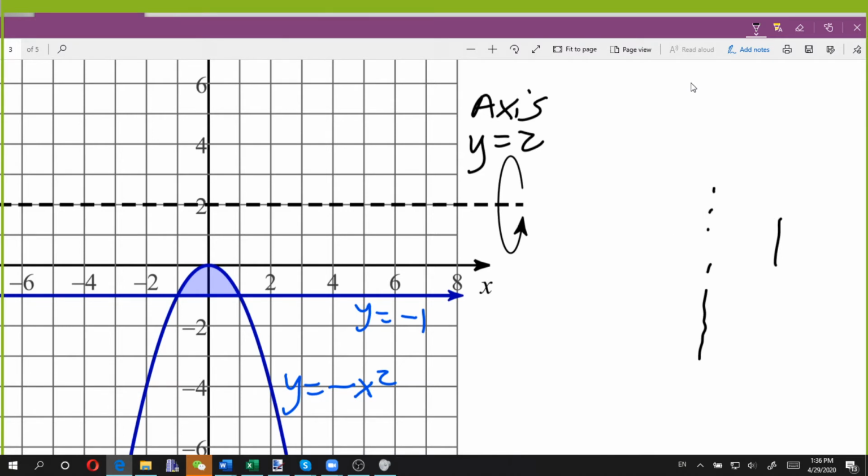If our axis is horizontal instead, like this one, then we'll need to create two-dimensional disks and stack them on top of each other like this.